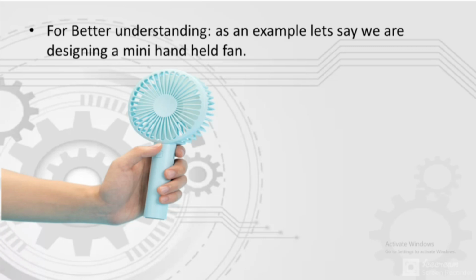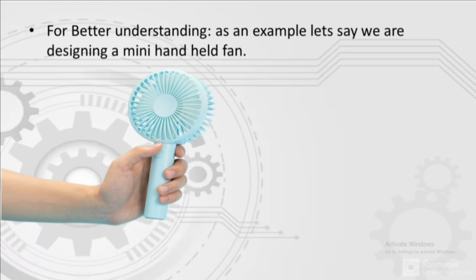Then why are we designing this mini hand fan? The major reason is to minimize heat in every heated body or environment. Then who is using this product? Everyone that is experiencing heat, anywhere they are experiencing it, this product can be used there.